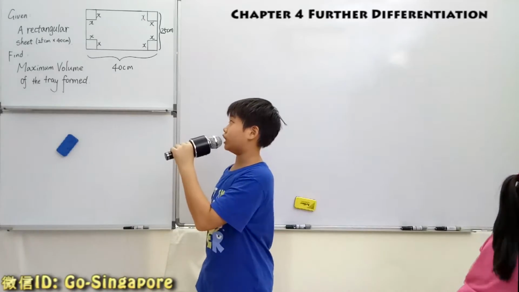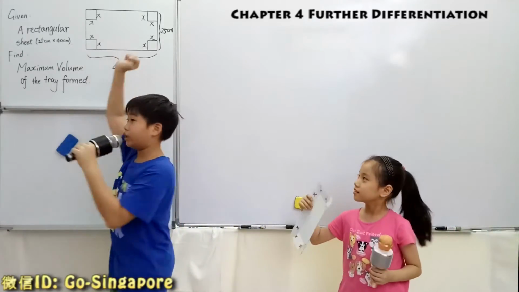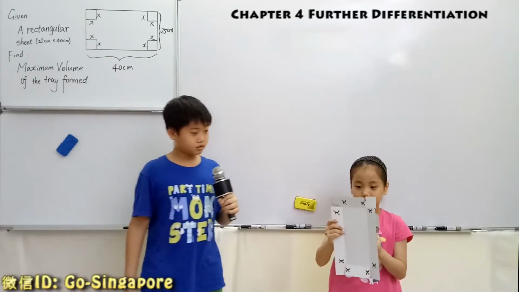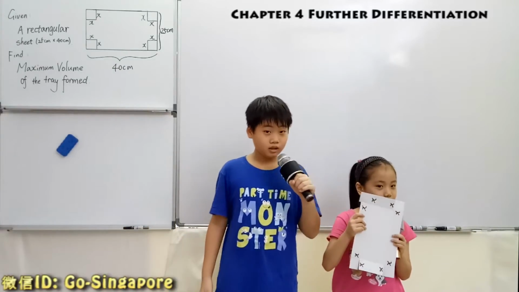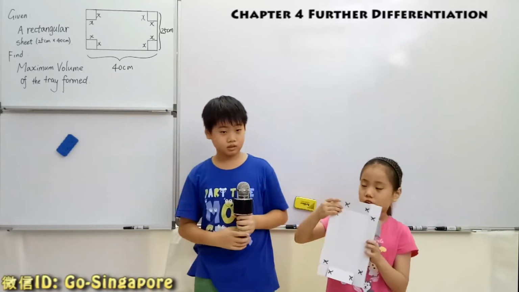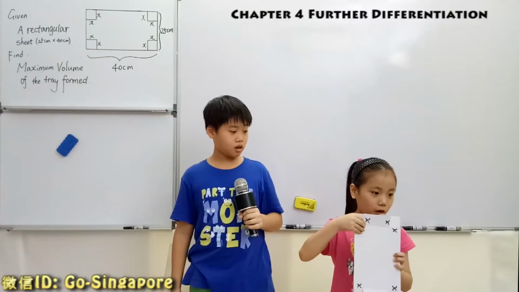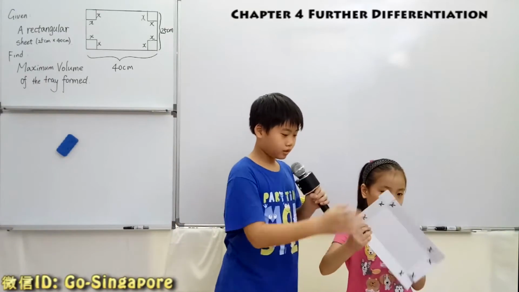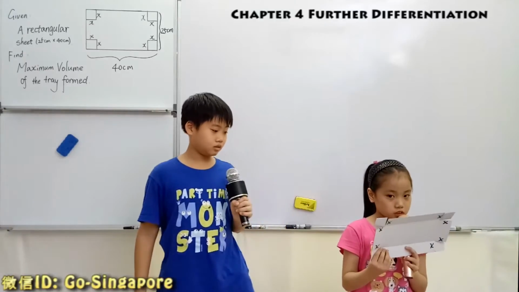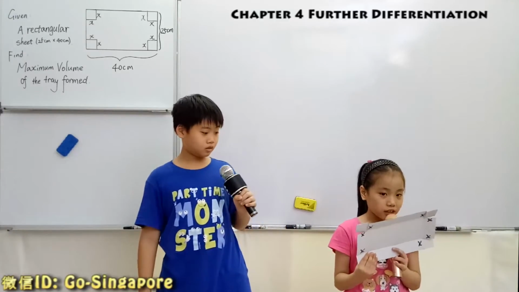For this question, here we have a rectangular sheet, okay? And we will use this cut. Here, this rectangle, we'll cut off 4 squares. If we don't cut off, it is like this, okay? If we don't cut off the 4, it is a rectangle.